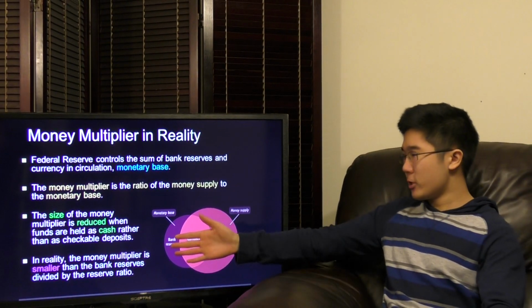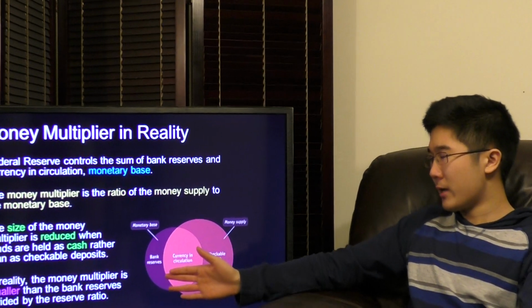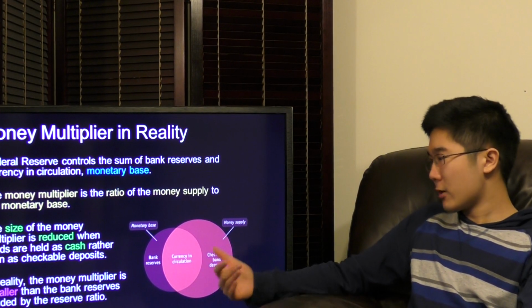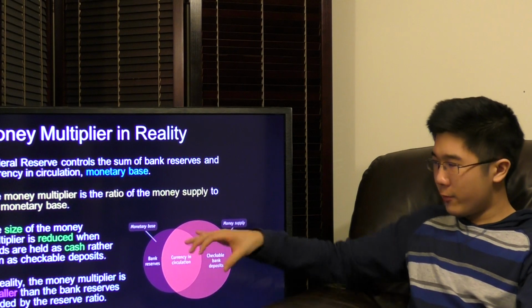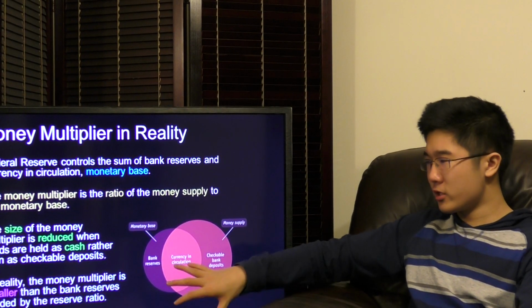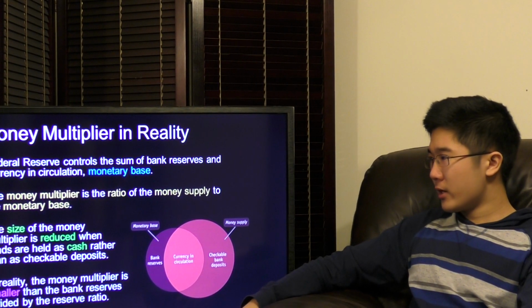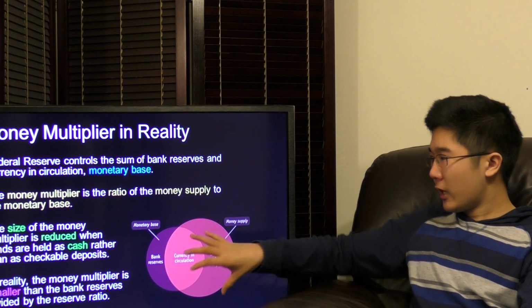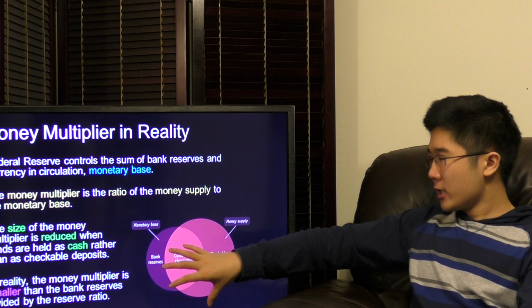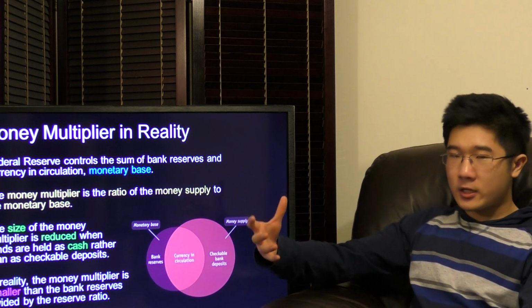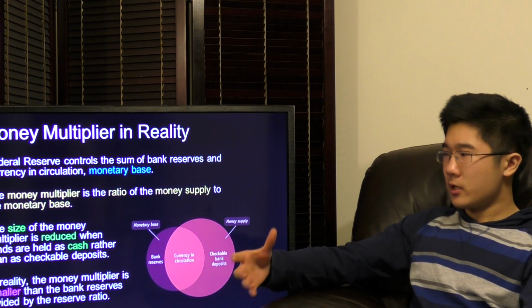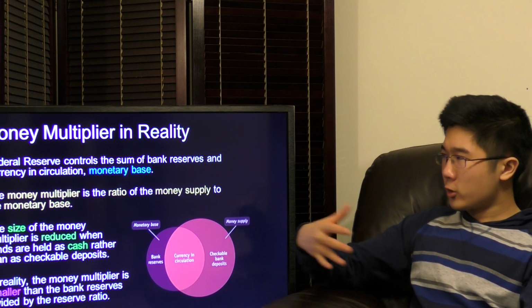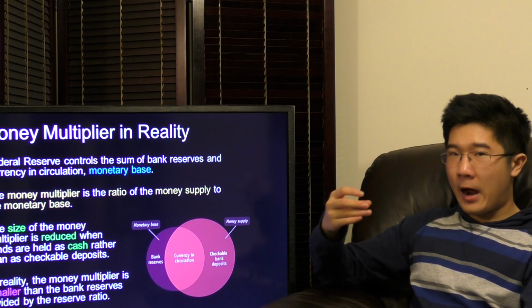We see here the monetary base, which is currency circulation plus bank reserves, and the money supply, which is checkable bank deposits and currency circulation. Those two overlap in currency circulation. So the money multiplier is basically our money supply over the monetary base, because it looks at how banks create more money. But this is decreased overall when we keep money out of the banking system.